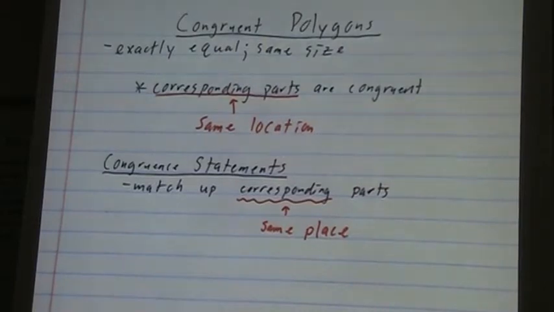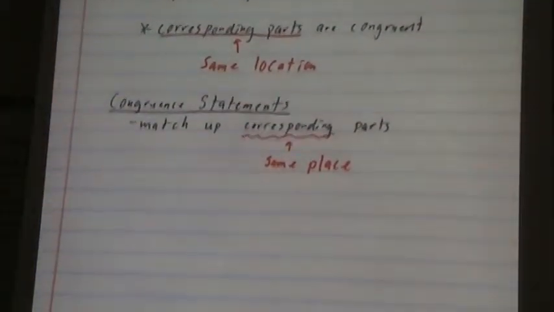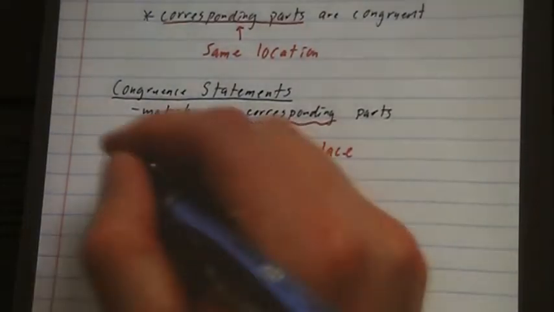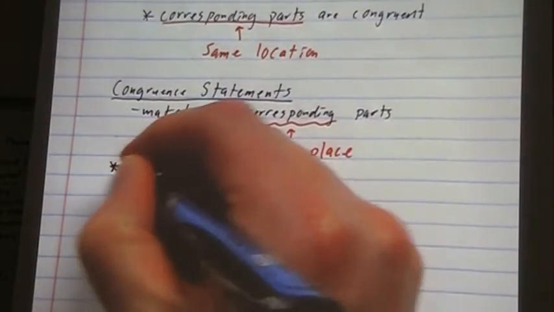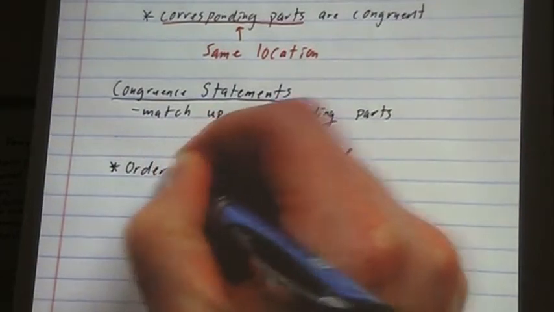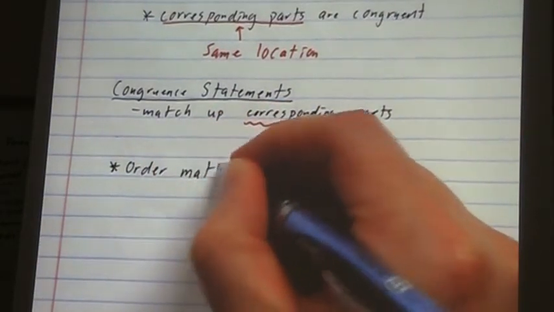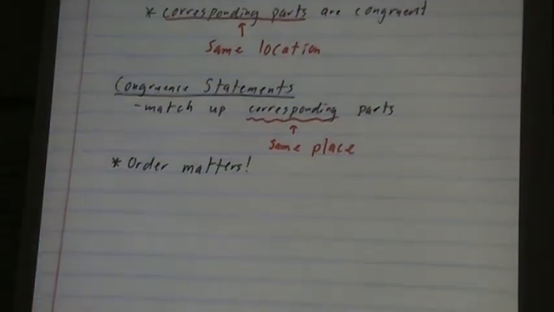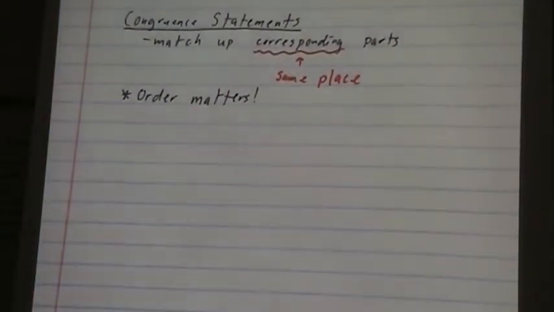Corresponding is going to be same place or same location. Okay. And order matters with these. And that works in general. Order does matter with math. We know it matters with compositions and transformations. It also matters here.